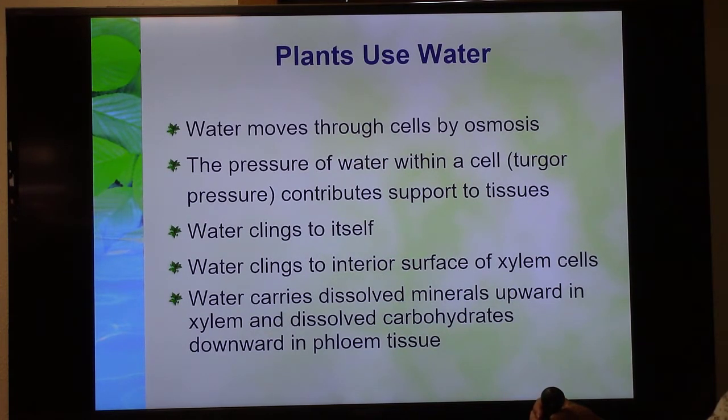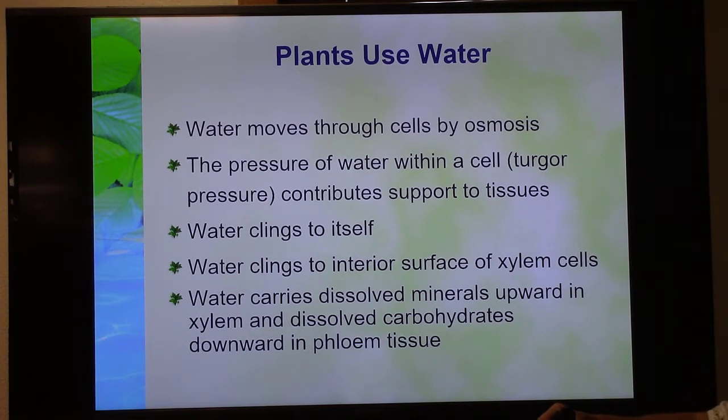The pressure of water within a cell, what we call turgor pressure, contributes support to tissues. Remember that picture of the cell, and the center of the cell was full of water. That water was pushing on the side of the cell. Well, that's mechanical support. That's like blowing up a tire. So water is important in providing support for the plant.